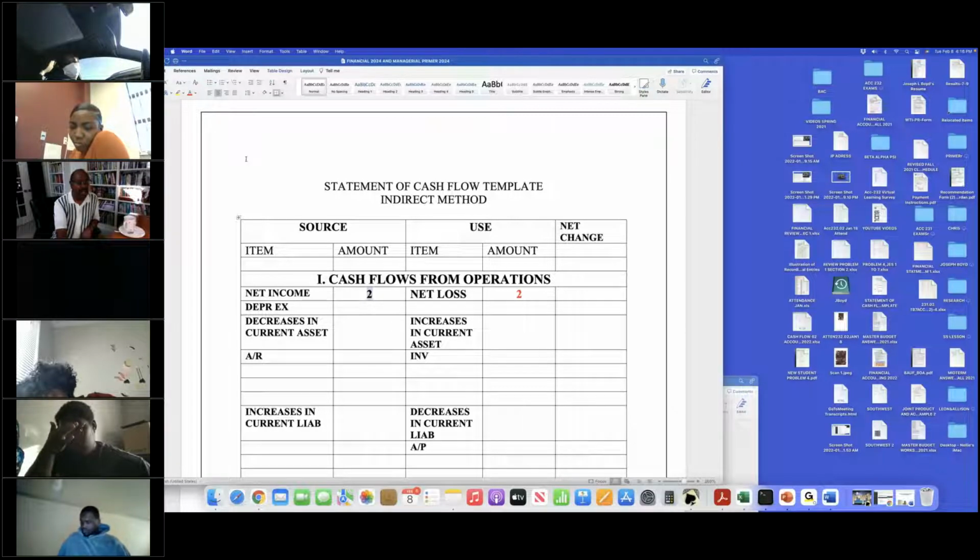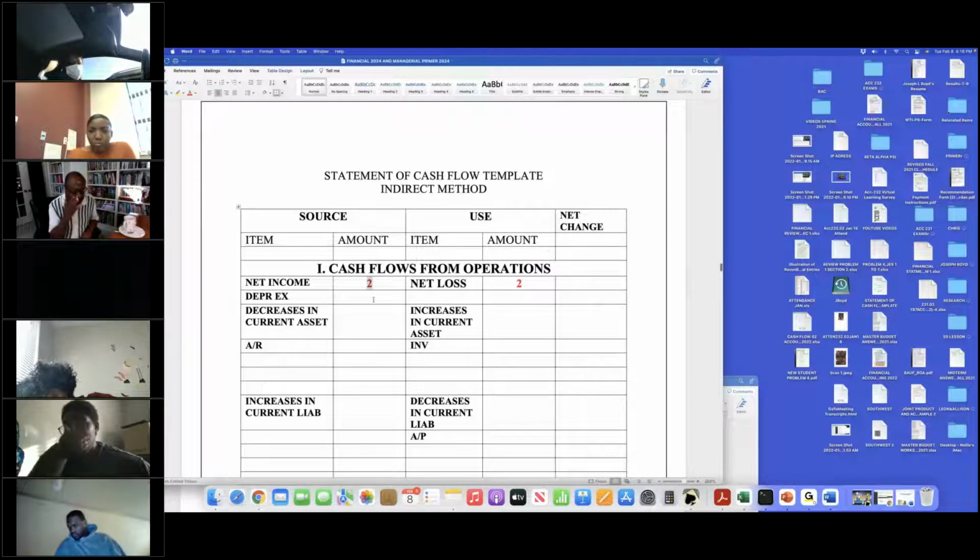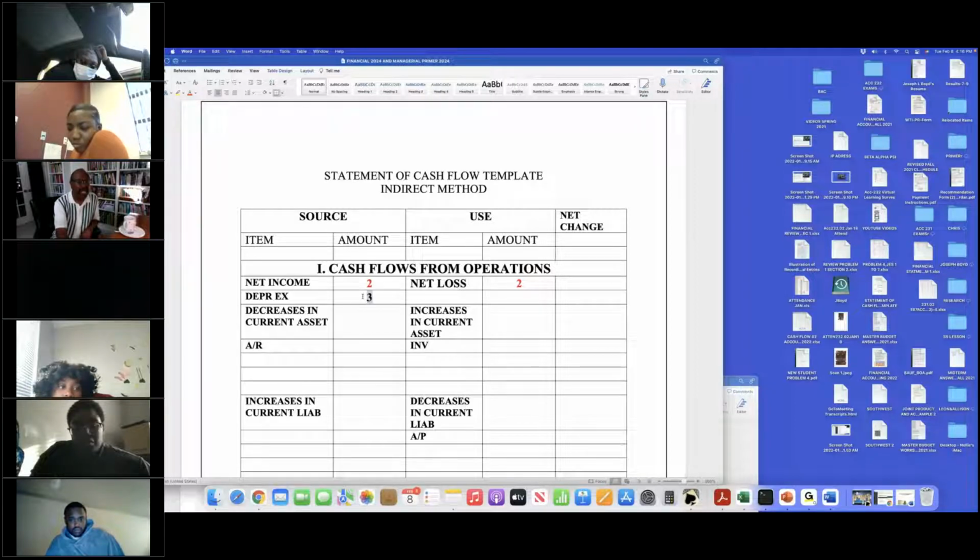The third thing you're going to do is put in the depreciation, because depreciation is a non-cash item, and it's going to be on the income statement, or it's going to be on the change in accumulated depreciation. And the fourth thing you're going to do is put in the dividend.